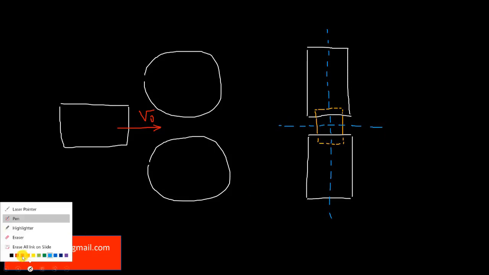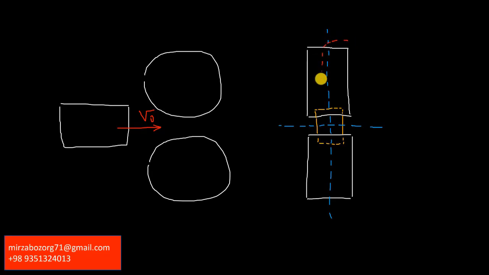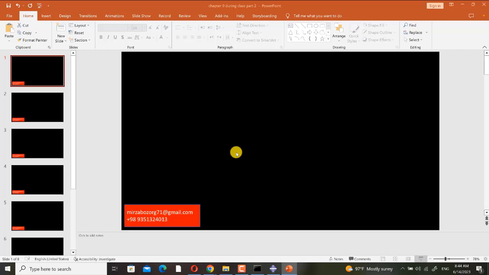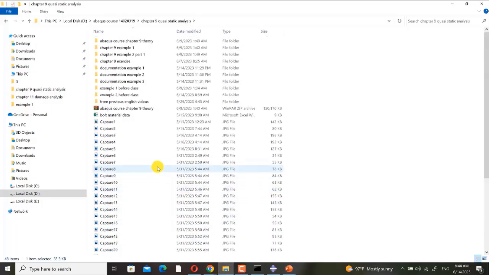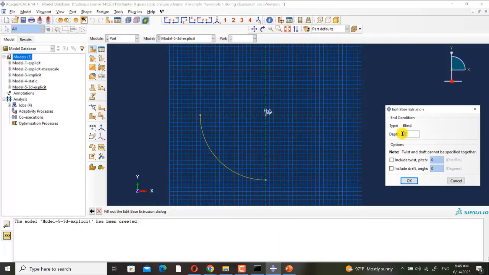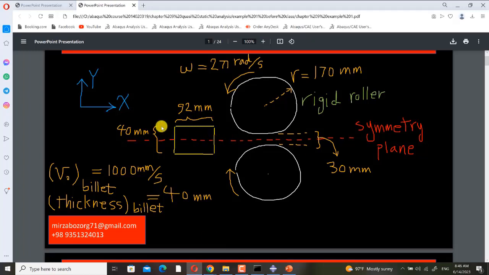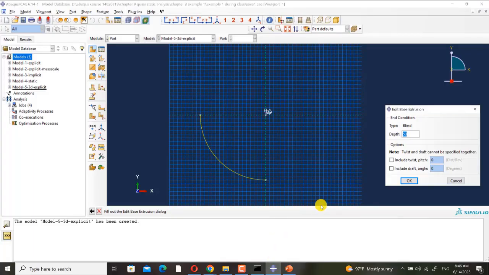So I only model this part. And we have the dimensions here. And the depth must be larger than the depth of the billet. The depth of the billet is 20. I set it 40.